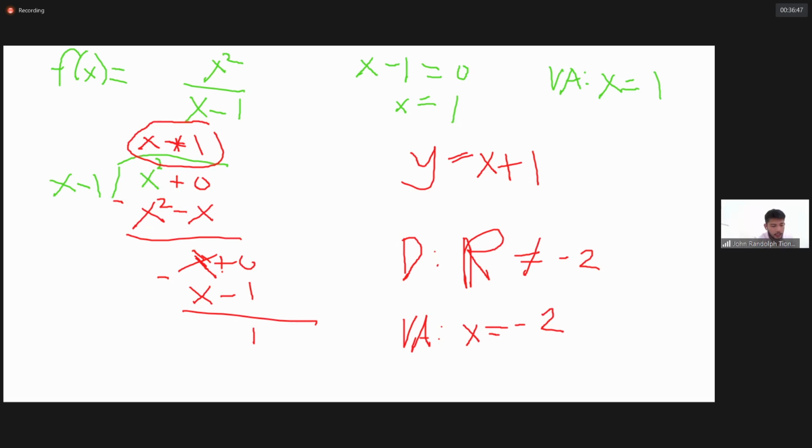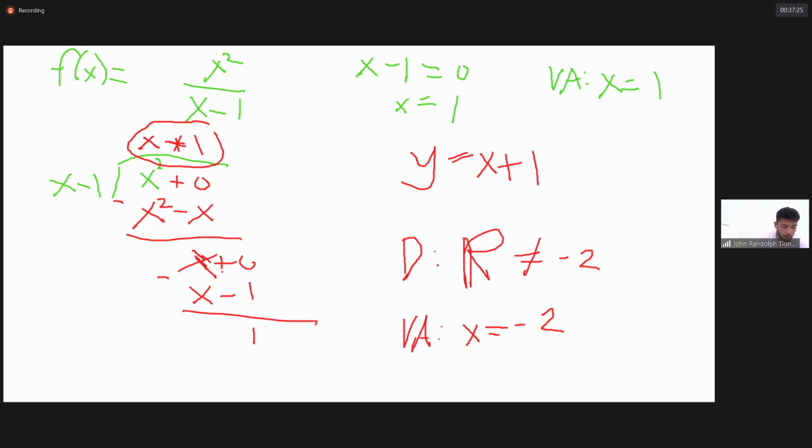So letter B now. How about the zeros of the function? We are still with number 7. What are the zeros of the function? Recall our discussion last time. How to get the zeros?